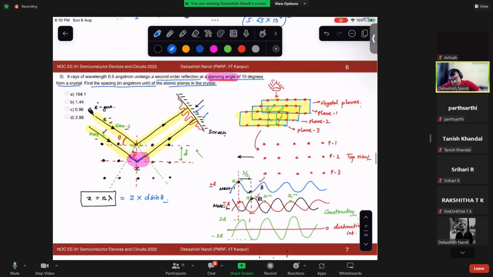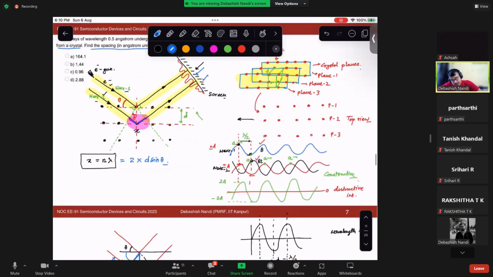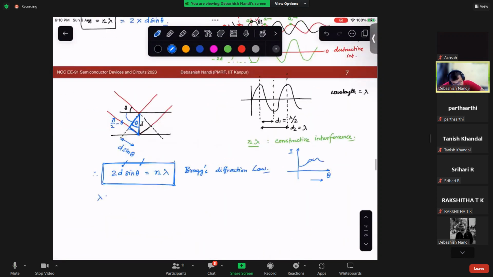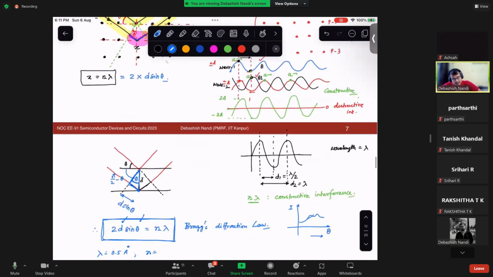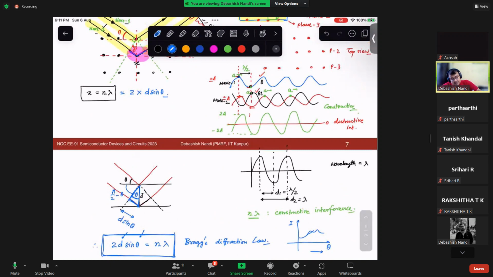So now in the question it is given that lambda is 0.5 angstrom. What is your n? A second order reflection. Second order reflection means this and this differ by 2 wavelengths.